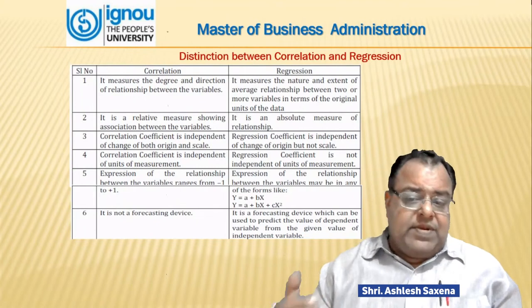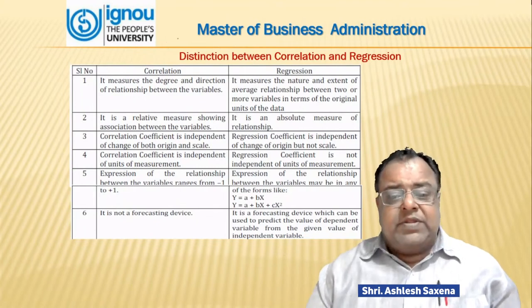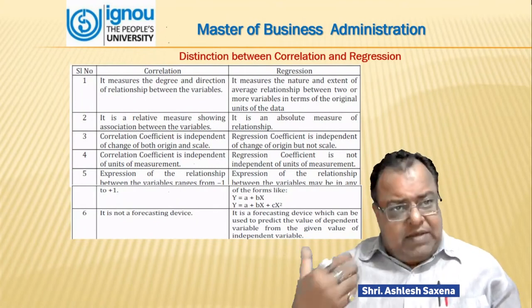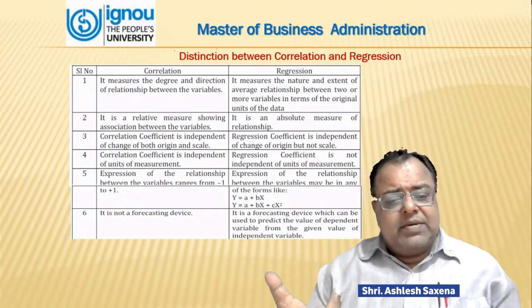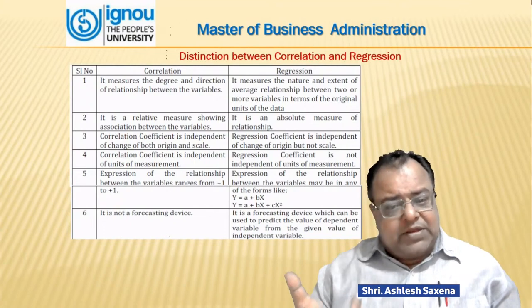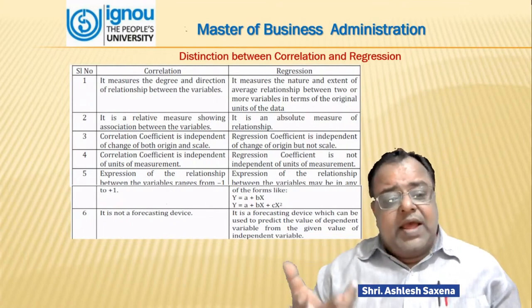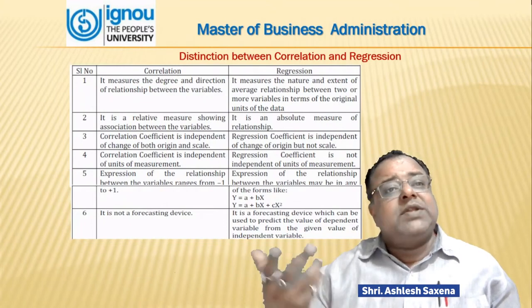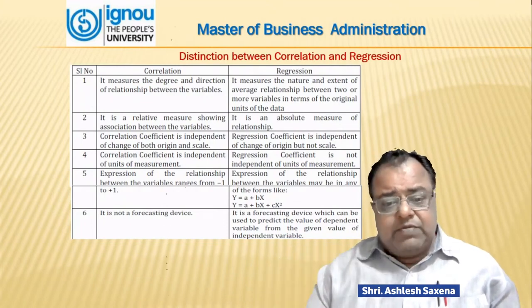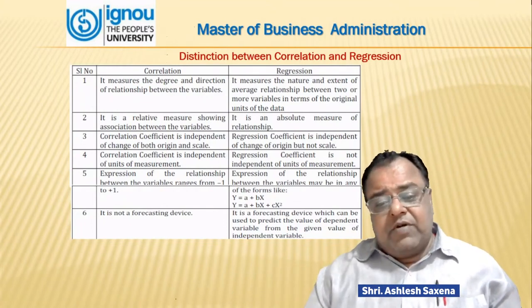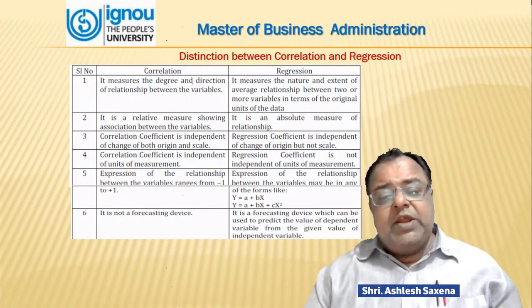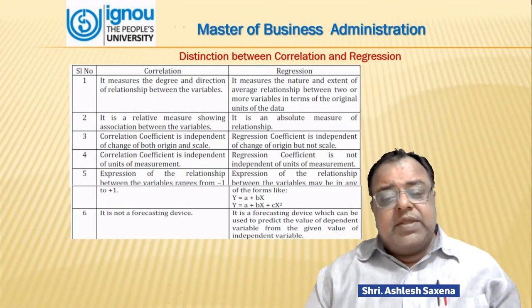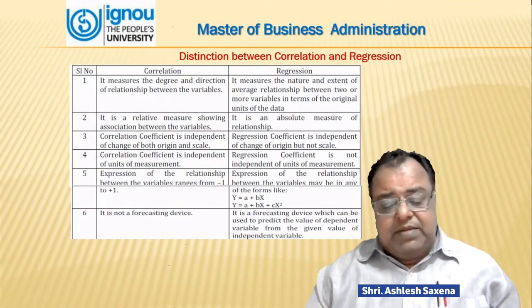The relationship between the two variables can be given by a relation. It can be a linear one, as you can see, y is equal to a plus bx. It can be a quadratic one, as y is equal to a plus bx plus cx square, depending upon the situation. It is a forecasting device which can be used to predict the value of the dependent variable from the given value of the independent variable.